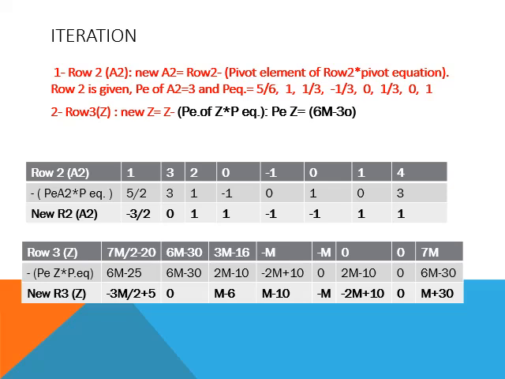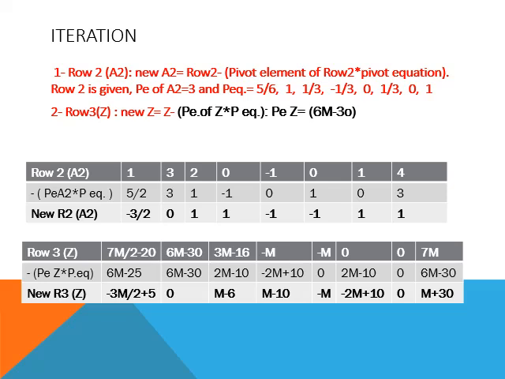In the first iteration of the problem, we need to examine the change in row 2, or the change in row 3. This is iteration.